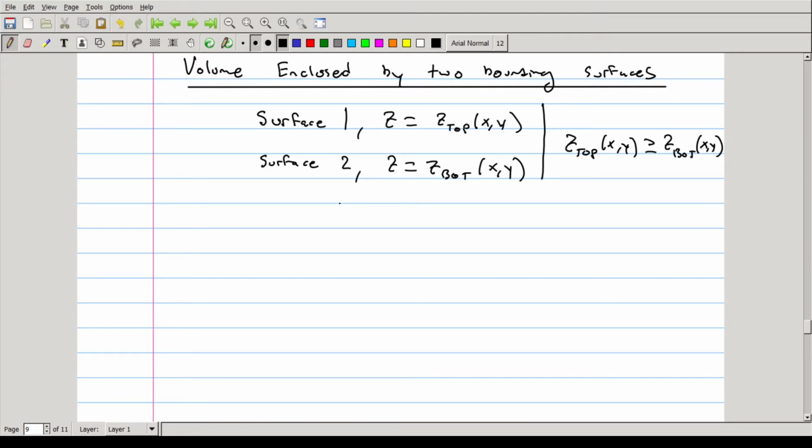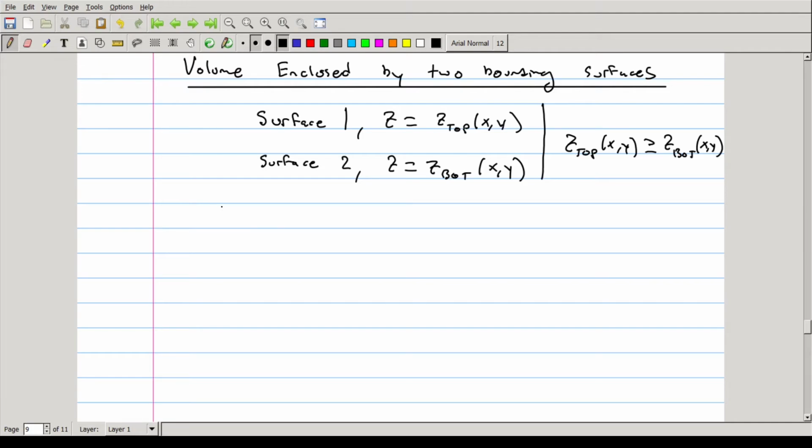You know that the integral of any function, if it's positive, is the volume underneath that function. Well, that means that because z top is always greater than or equal to z bottom, z top minus z bottom will always be a positive function, and it's not too difficult to see that the volume between two surfaces, z top and z bottom, is going to be the double integral of z top minus z bottom.